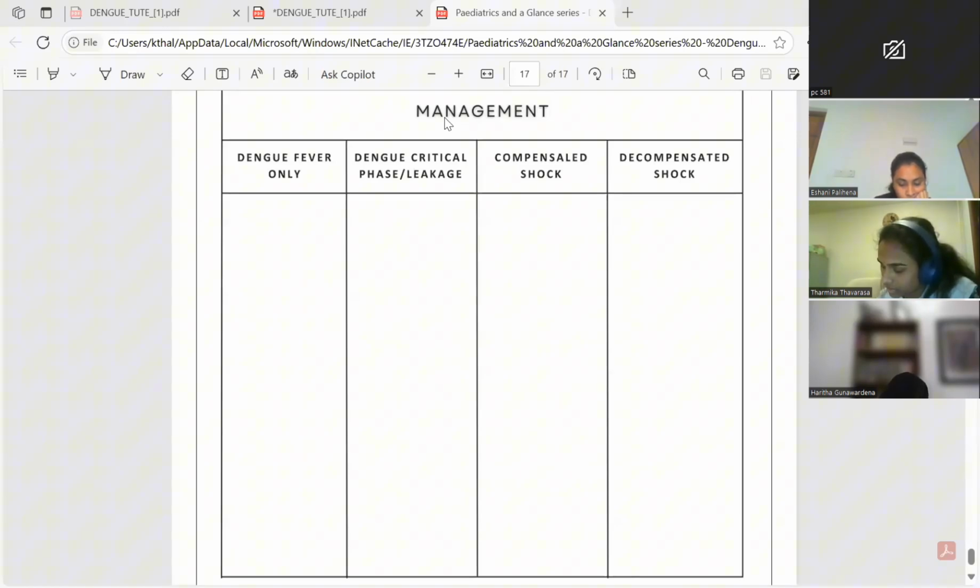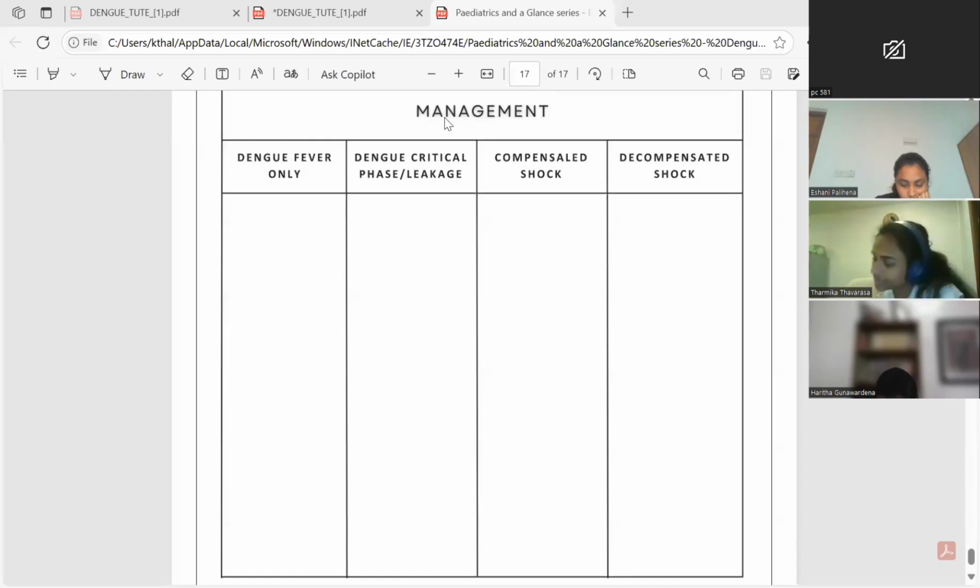In our previous dengue fever, how frequent? You might monitor like 4 to 6 hourly. Dengue critical phase hourly. And then you need to monitor packed cell volume 6 hourly. That is the management of critical phase.